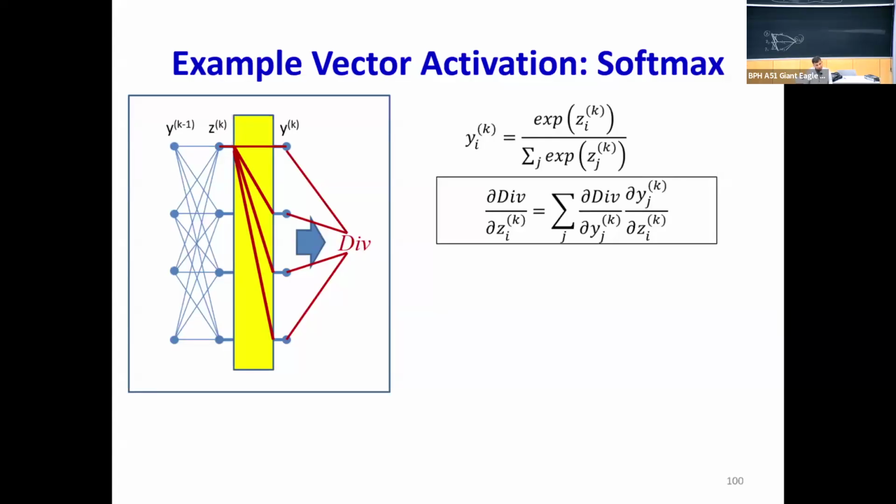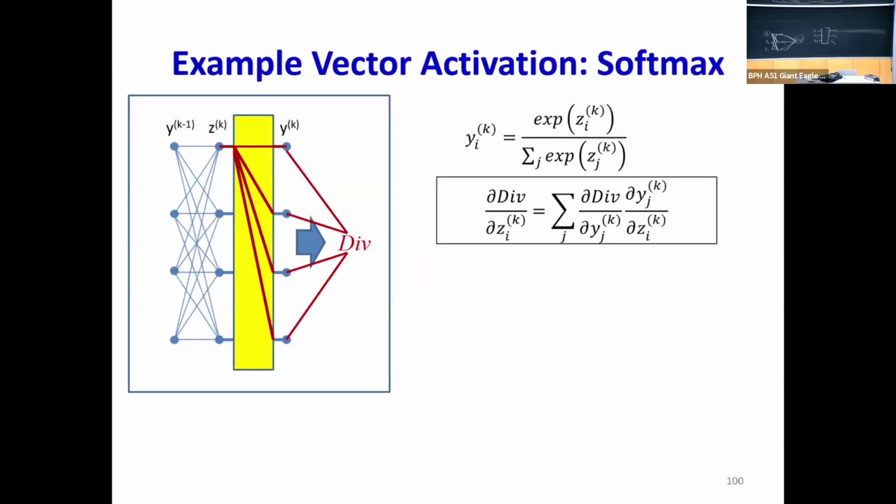So for the case of the softmax, we had discussed this in the last class, right? I have z1, z2, z3, say, and y1, y2, y3. What is the sign of the derivative of y1 with respect to z1? Come on, guys.